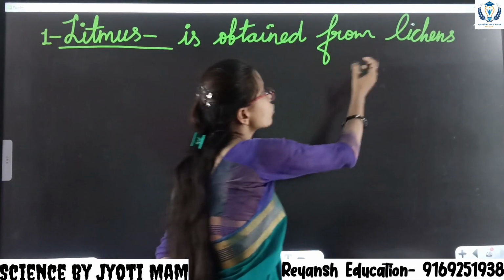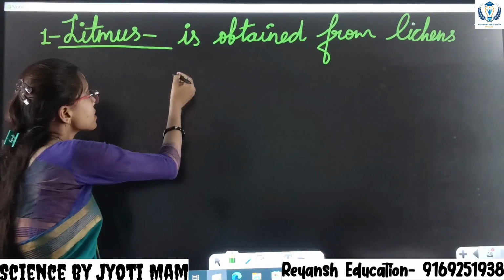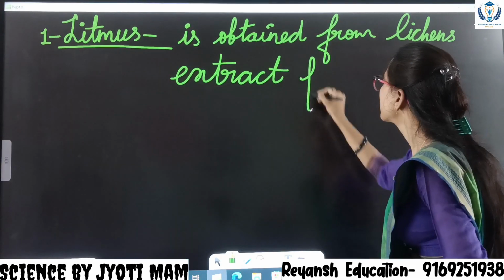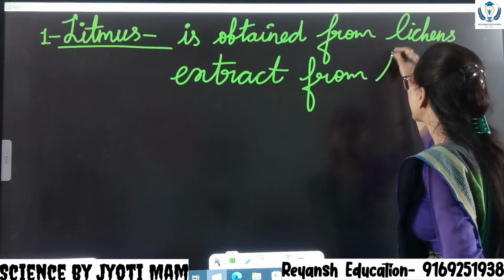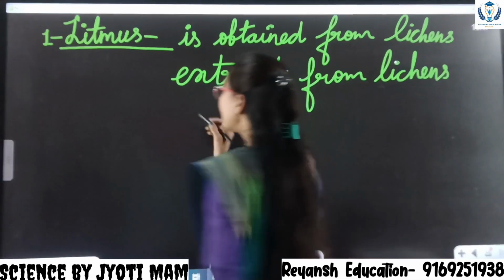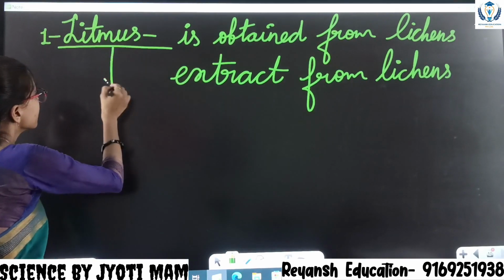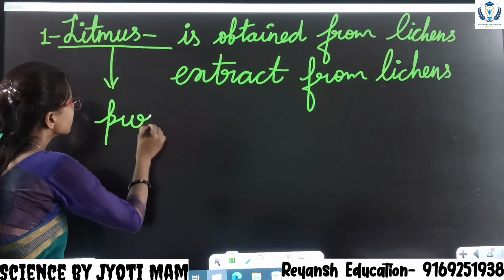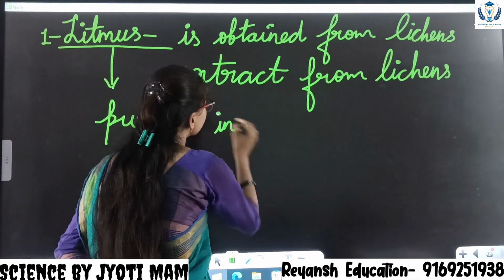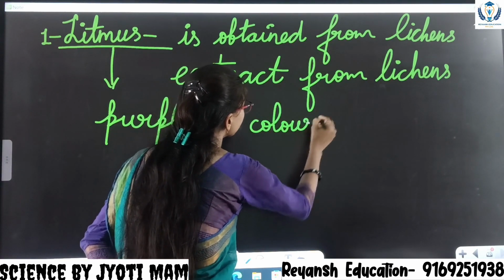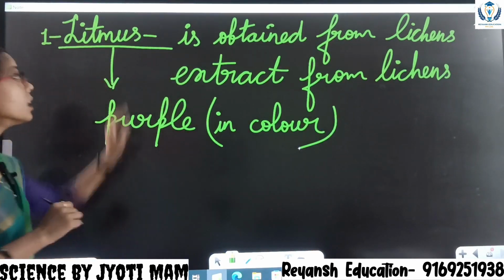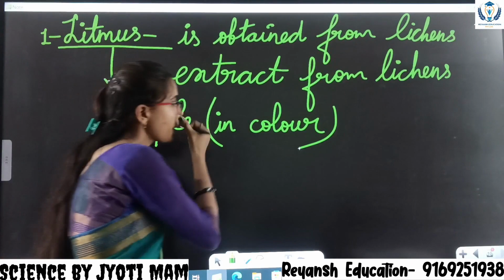So litmus is obtained from lichens, or it is the extract from lichen. The color of litmus is purple.